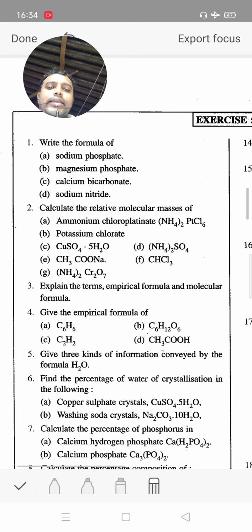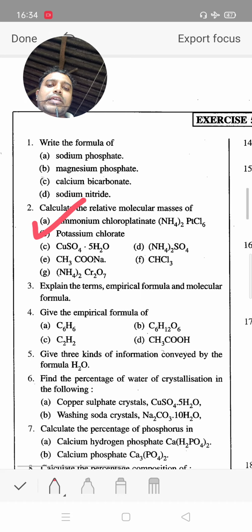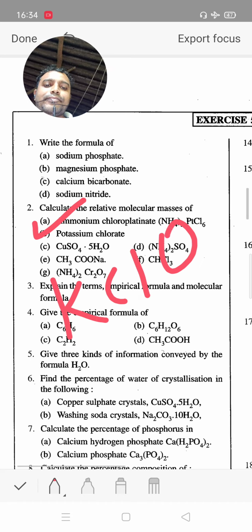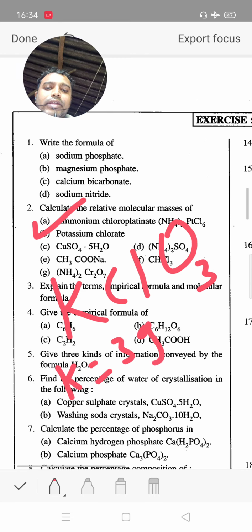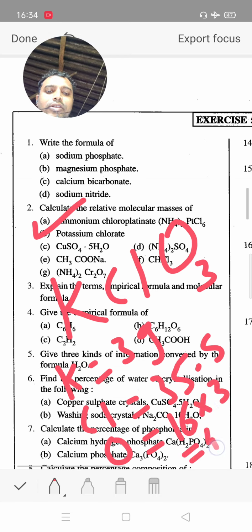Next students, calculate the molecular masses. Suppose the example potassium chlorate, KClO3. K atomic weight 39, Cl 35.5, and there are 3 oxygens. One oxygen is 16, therefore 16 times 3 is 48.